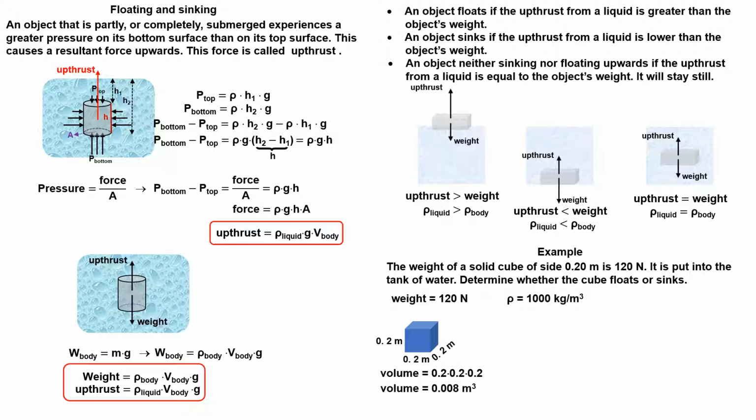Now take the formula and substitute the values. The upthrust is less than weight, so the cube sinks.